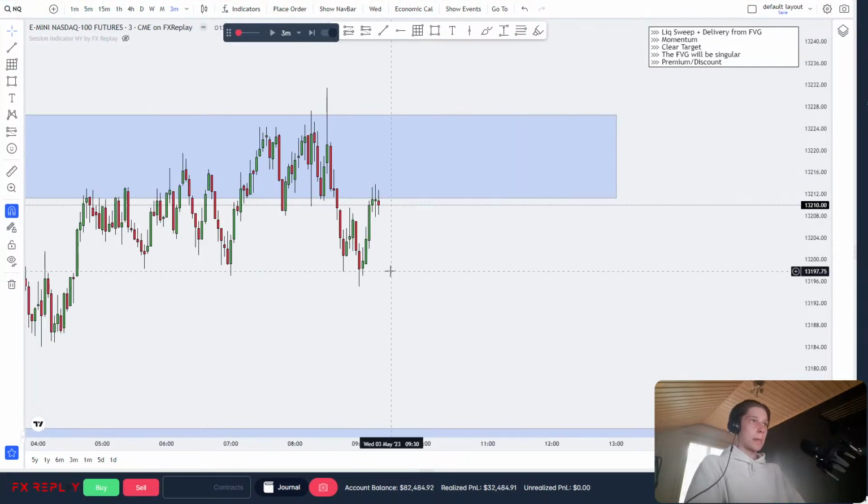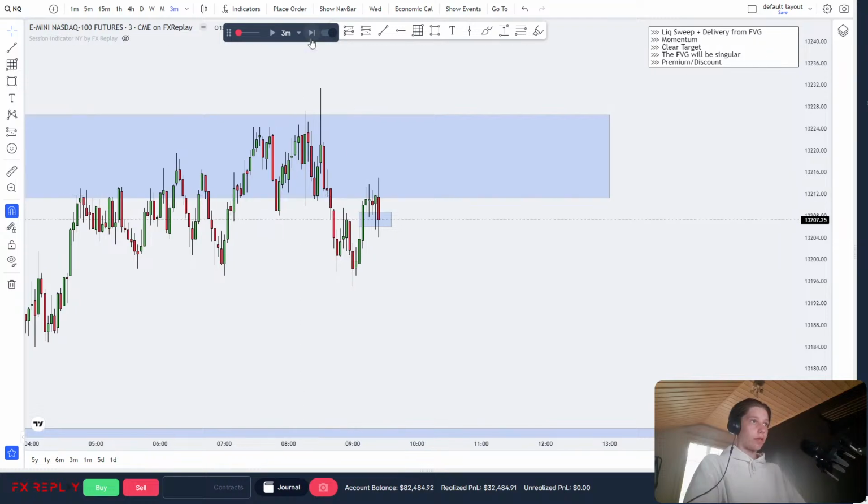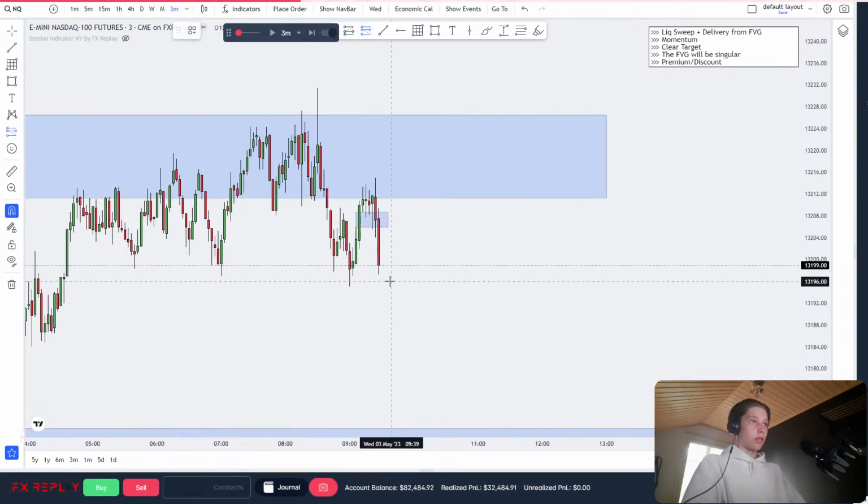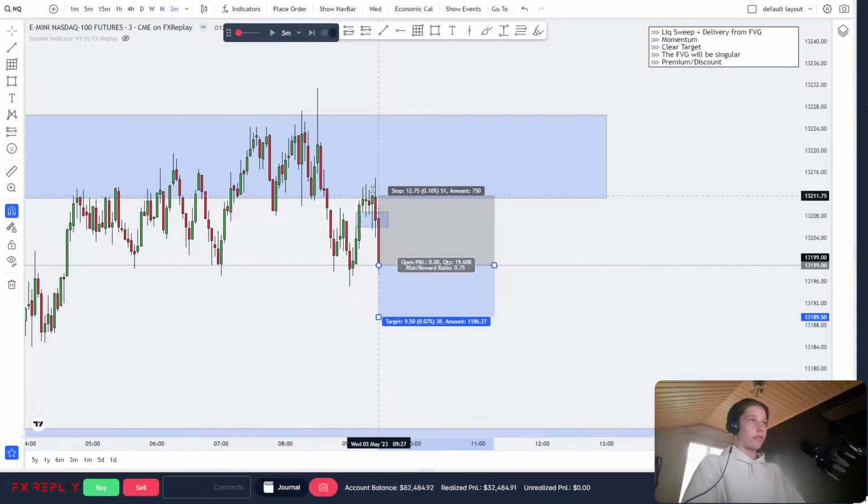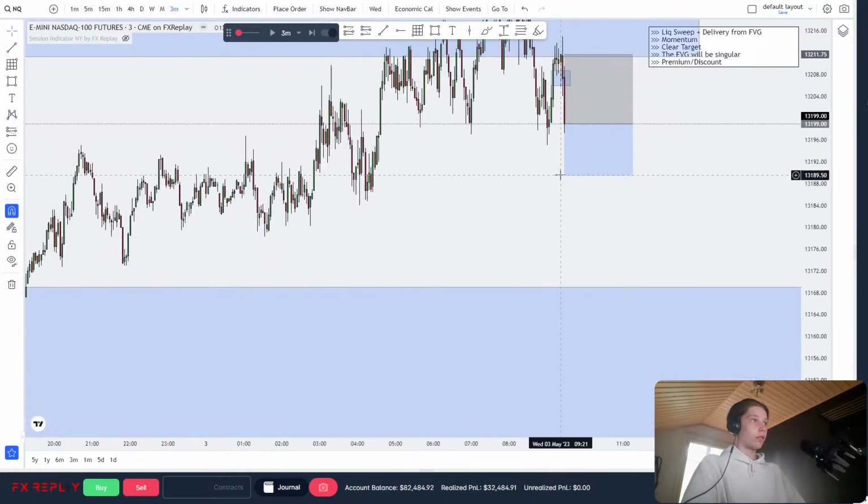M5. So M3, there's this M3 gap. If that gets flipped, okay. This is pretty nice volume. I do like this.